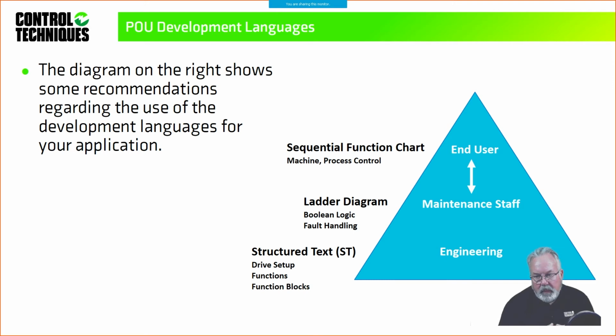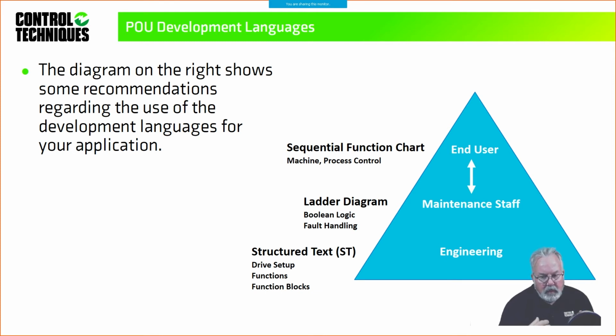So engineering level, at the base of the pyramid, structured text. Well, we're going to look at structured text next. Structured text is the most efficient language there is. It's non-graphical. So structured text can include not only drive setup things like we're going to add in the initial task, but it can also include functions and function blocks.